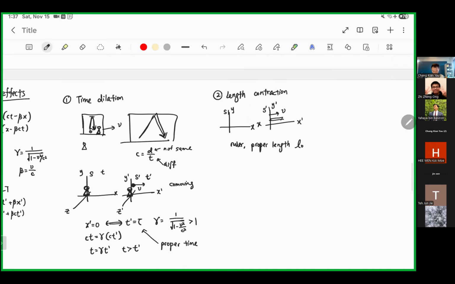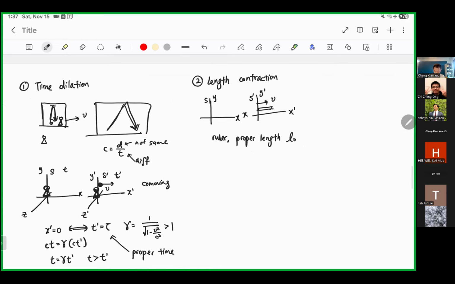Then we can define a proper length, which is the length of the ruler viewed by the observer in the S prime frame, which is co-moving with the ruler itself. So in our case here, L naught would be x prime.